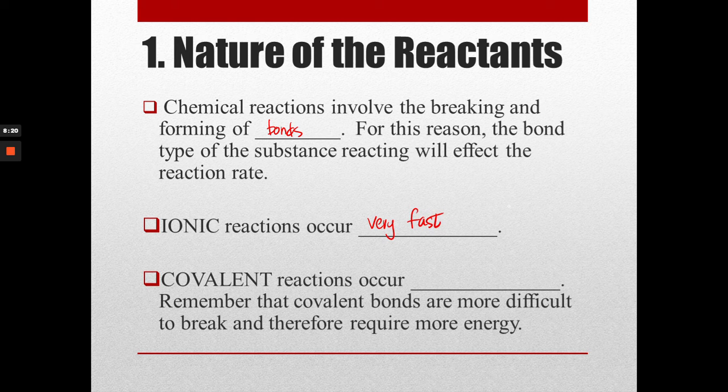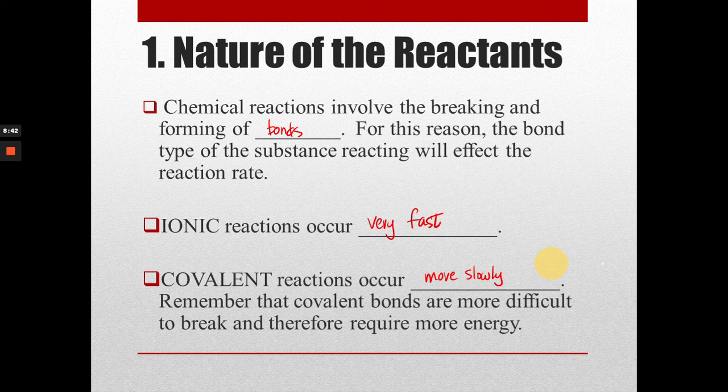They occur pretty quickly. Compare that to covalent reactions. Covalent reactions tend to occur more slowly, because they're more difficult to break and therefore they require more energy. And so it's just a more involved process.